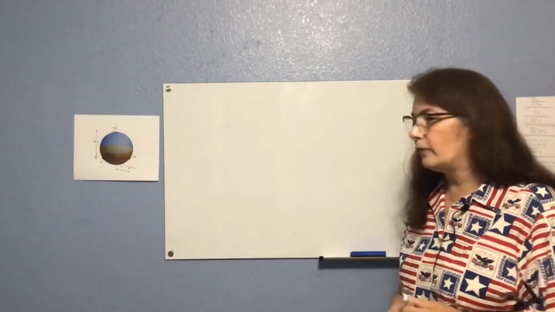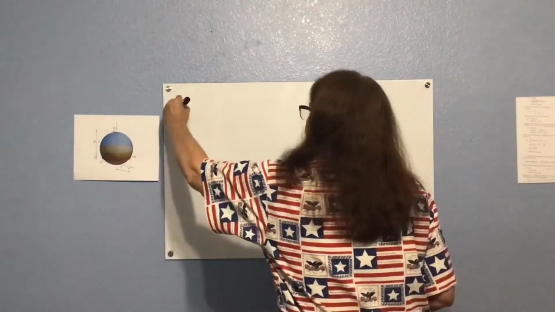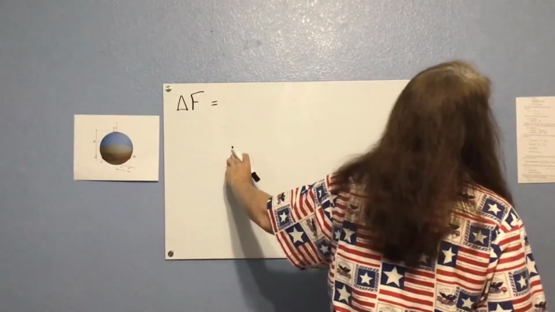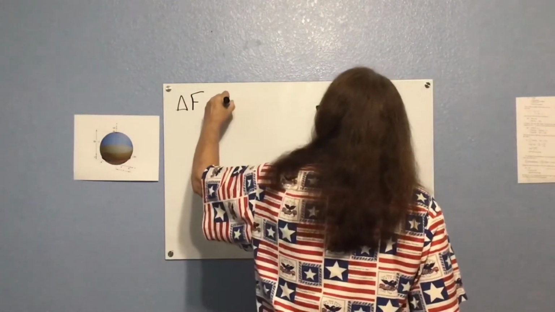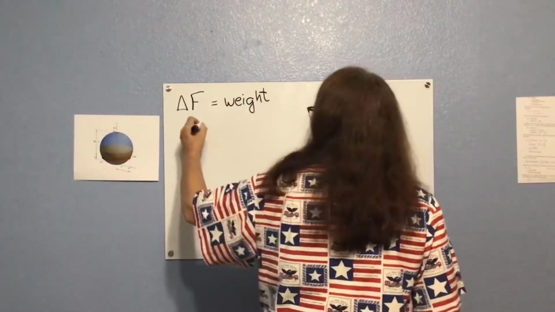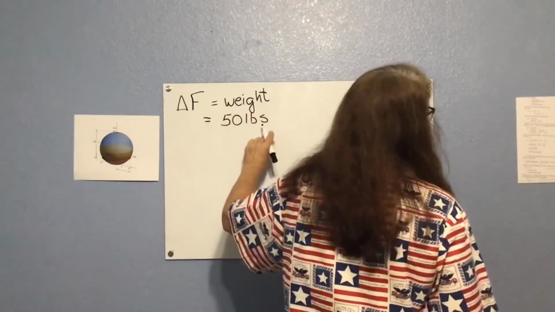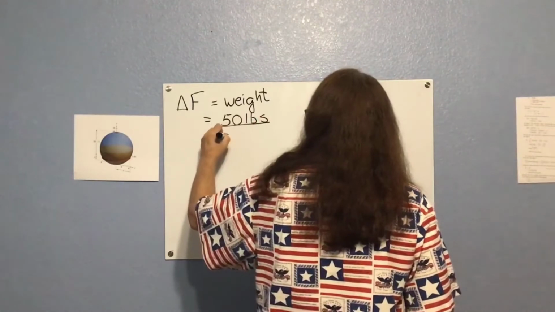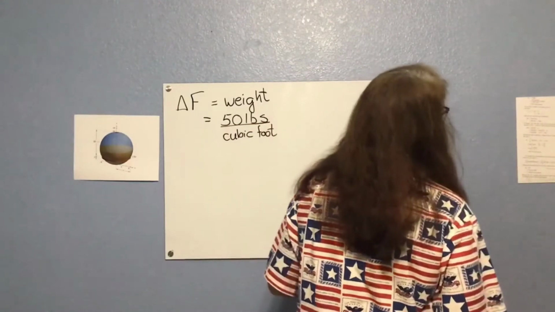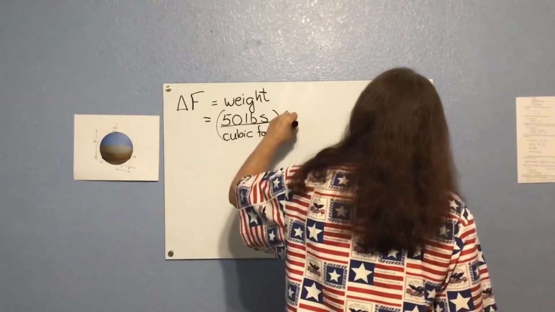Okay, and because the force is related to the weight, we're going to say delta F is equivalent to the weight, which is 50 pounds per cubic foot times whatever that volume is.